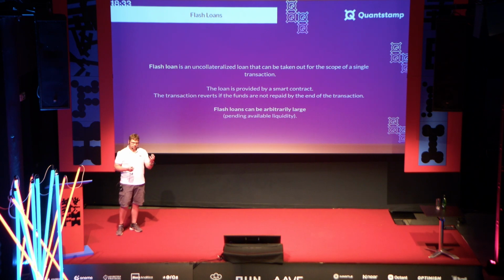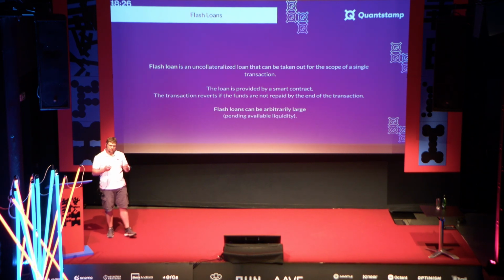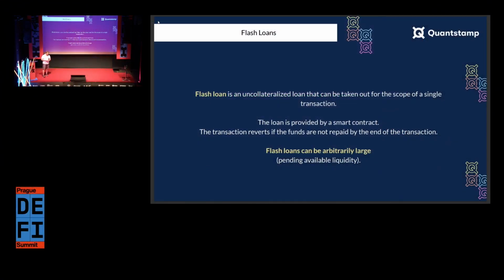The smart contract takes that money, continues the transaction that you have triggered, does those actions that you requested, and then at the end of that transaction, it double checks that it received back the balance it was providing to this transaction.